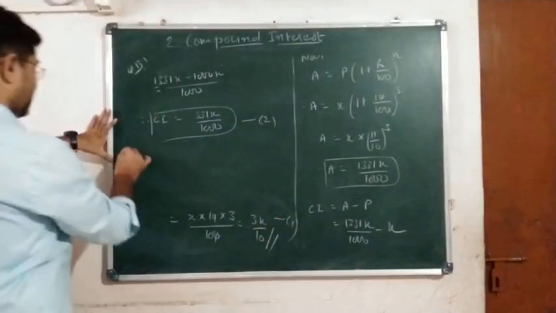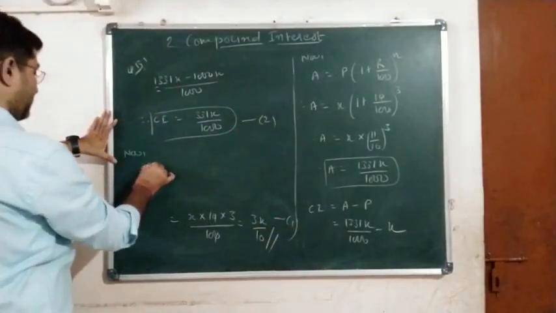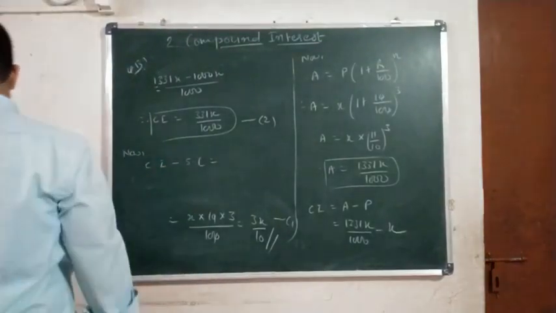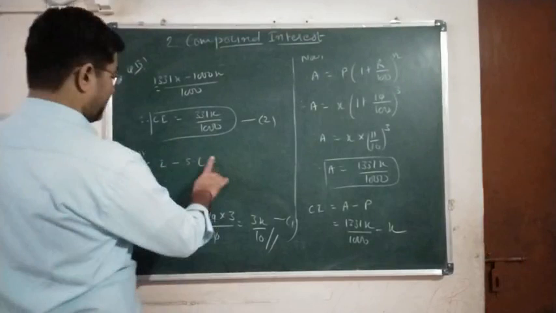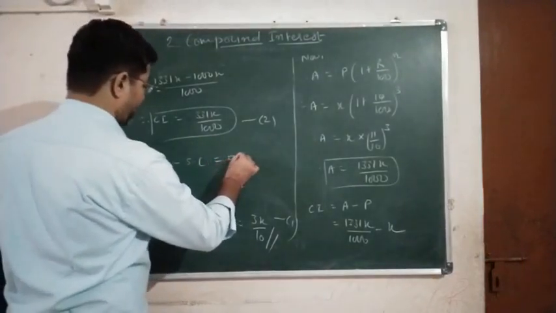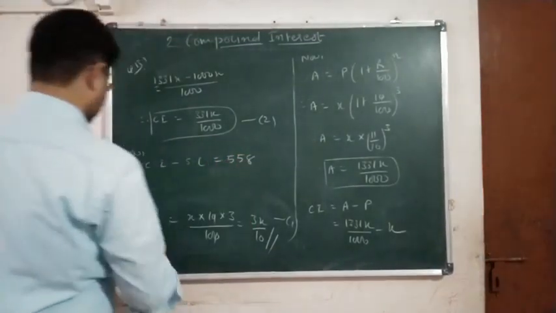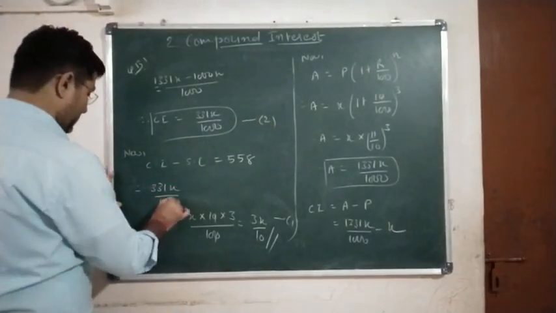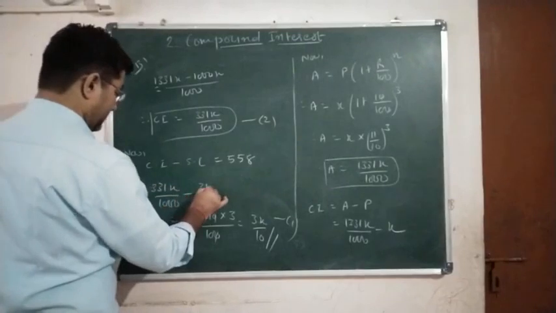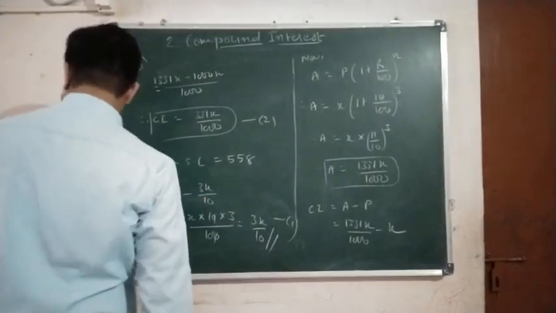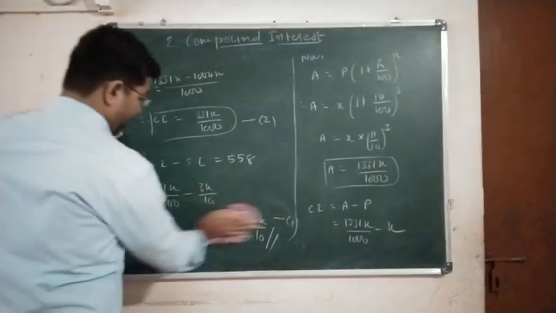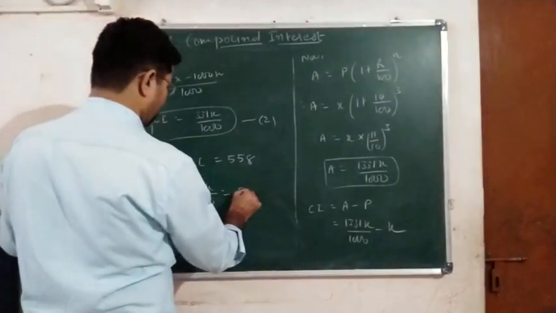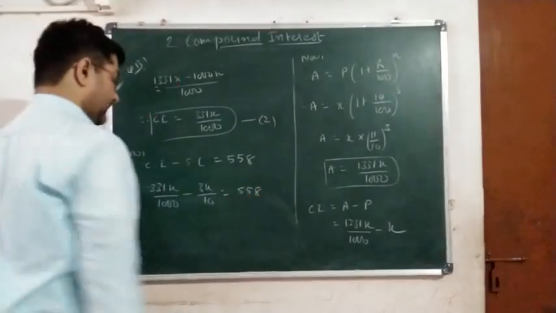Okay, now difference. Now you are given CI minus SI. The difference is rupees 558, and therefore 331x upon 1000 minus 3x upon 10 is equal to 558.